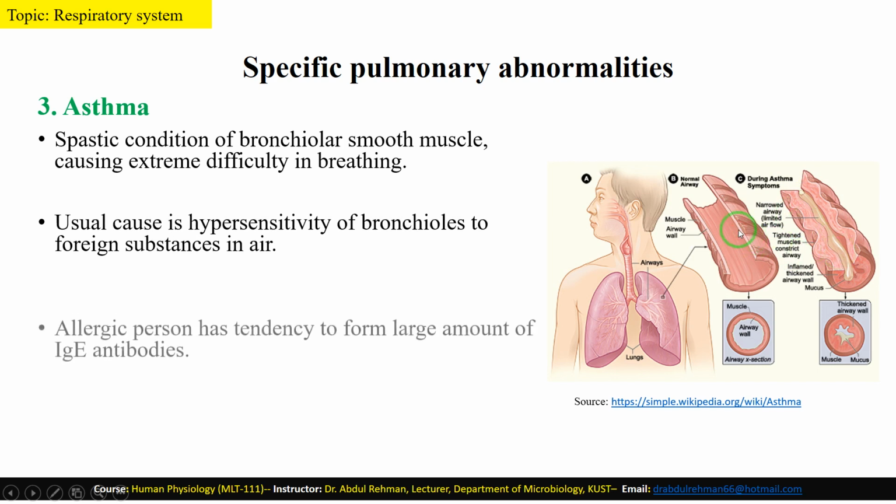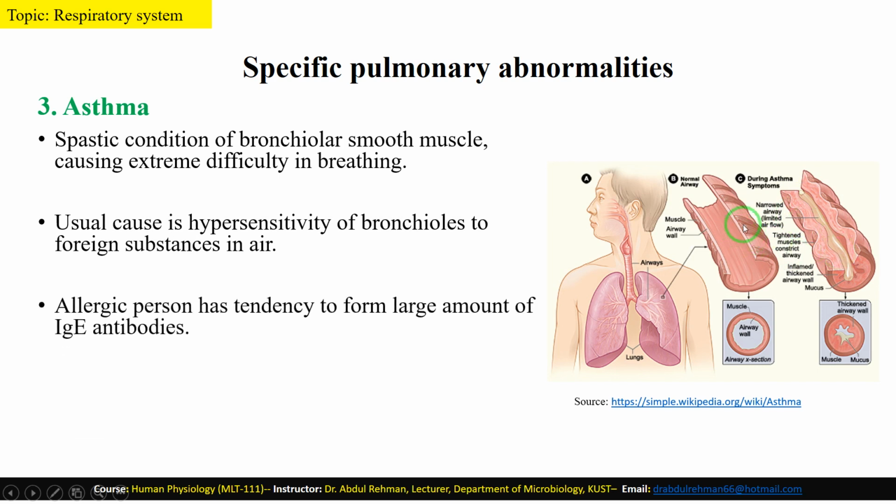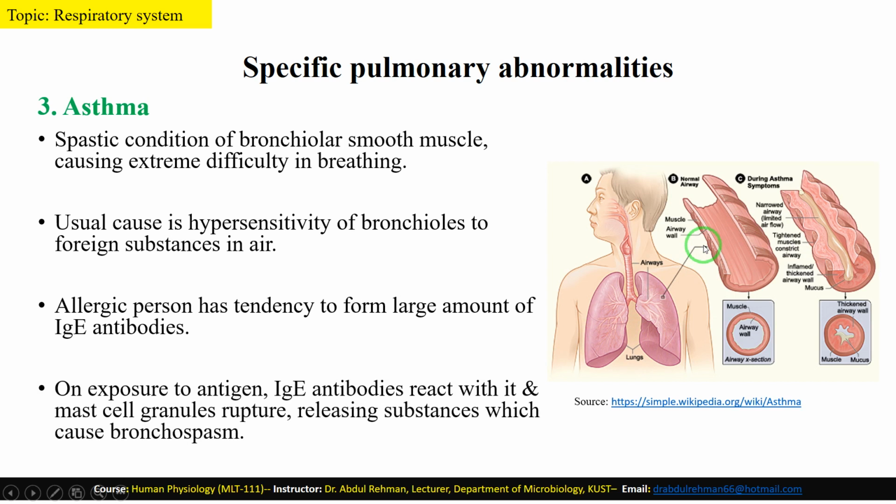So an allergic reaction may develop after exposure to these foreign substances, and an allergic person has a tendency to form large amounts of IgE antibodies. So upon exposure to antigen, IgE antibodies react with it and mast cell granules rupture, releasing substances which cause bronchospasm.